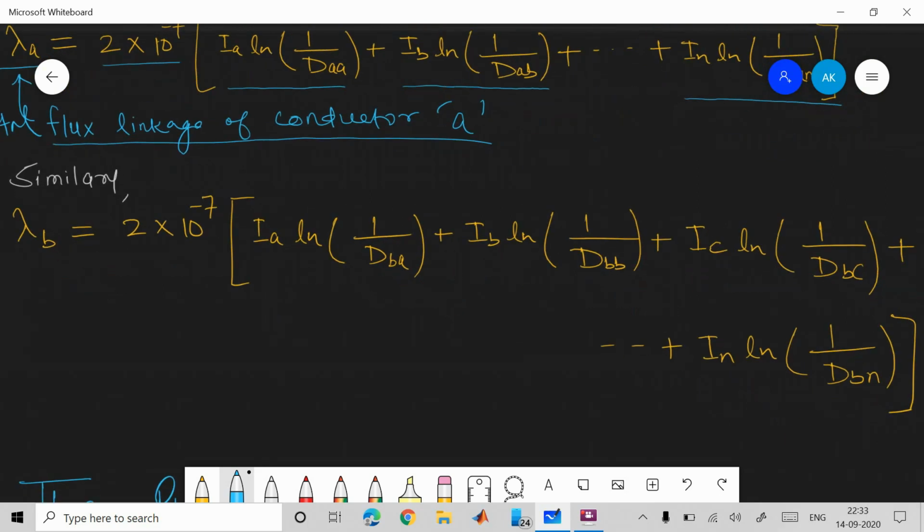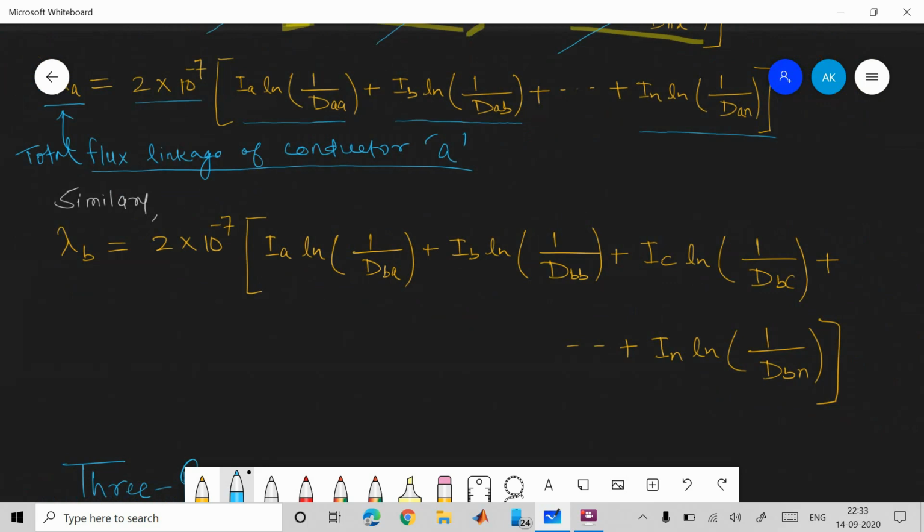Similarly, for the B conductor, we can write like this, that lambda B means the flux linkage of conductor B, as 2 into 10 raised to the power minus 7 IA ln 1 by dBA, B to A, plus IB ln 1 by dBB.